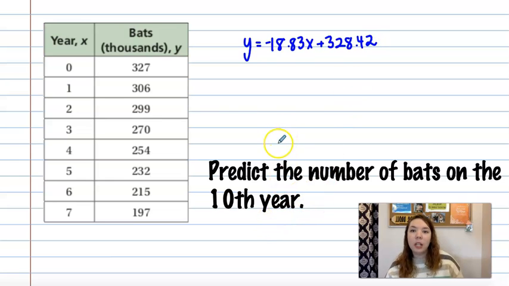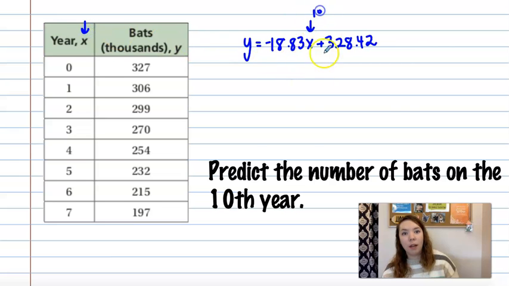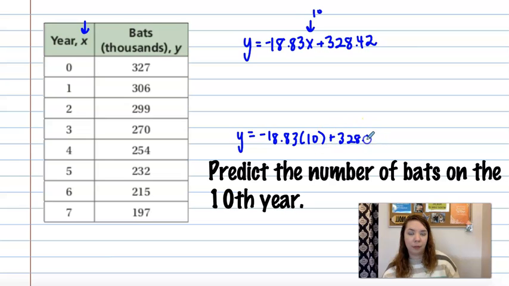And then it says predict the number of bats on the 10th year. So again, year was X. So I'm going to plug in 10 for X to answer this question. I'm going to do it above this time just for space. And then these numbers are in thousands, just by the way.